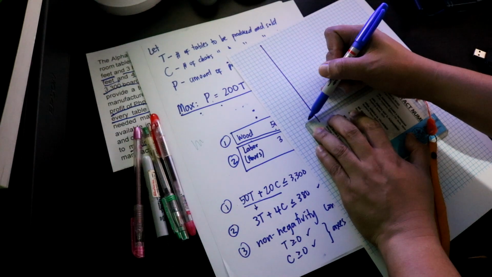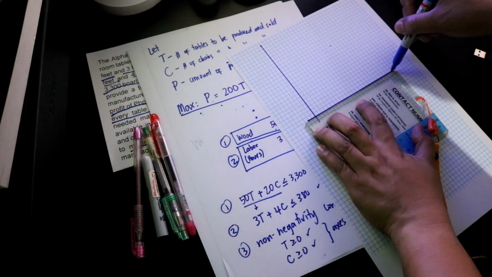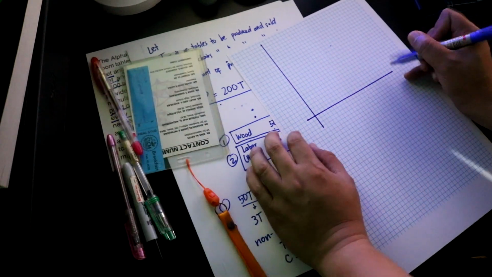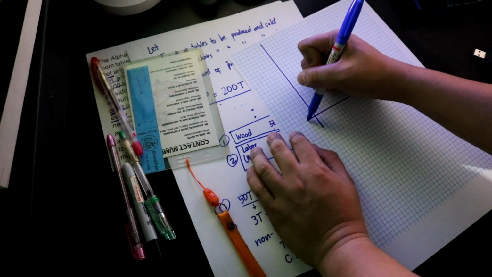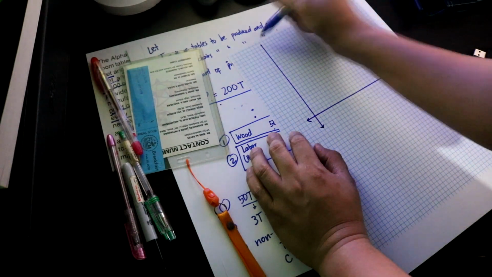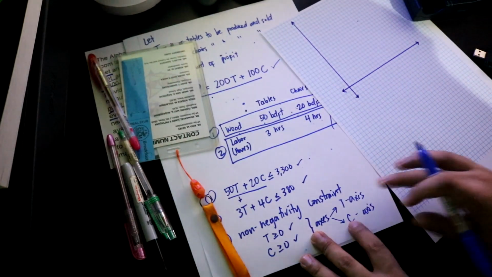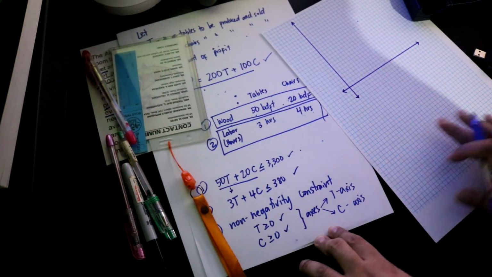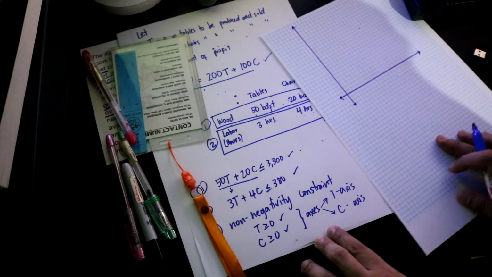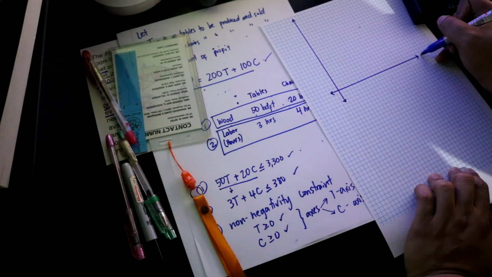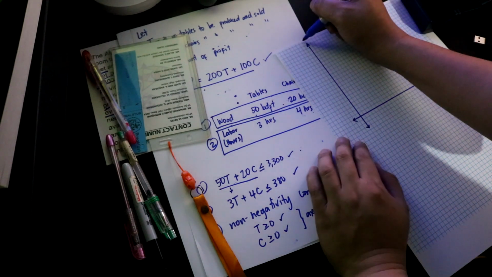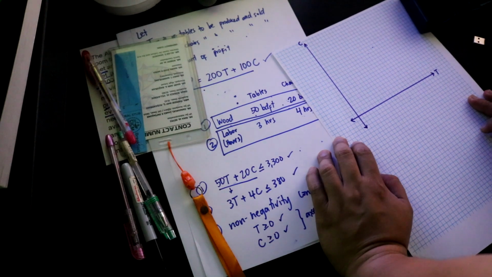But in this case, since we did not use x and y axis, like I said a while ago, we will be using the t-axis and the c-axis. So this would be our t-axis and this would be our c-axis.